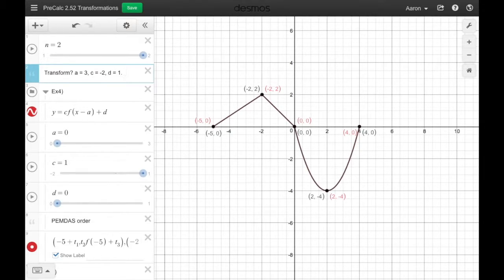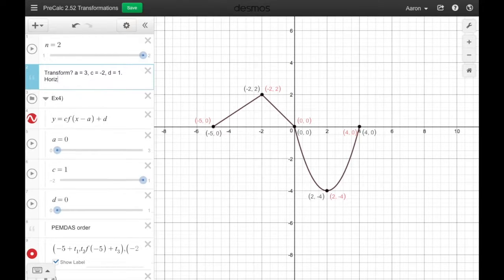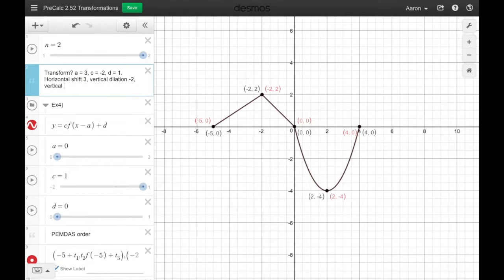So therefore, we're going to have 3 different transformations. We're going to have a horizontal shift 3. We're going to have a vertical dilation by a factor of -2. And we're going to have a vertical shift 1.